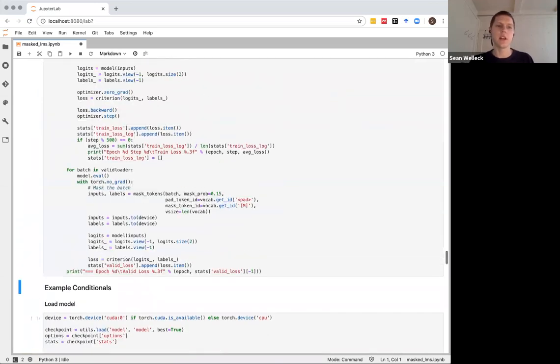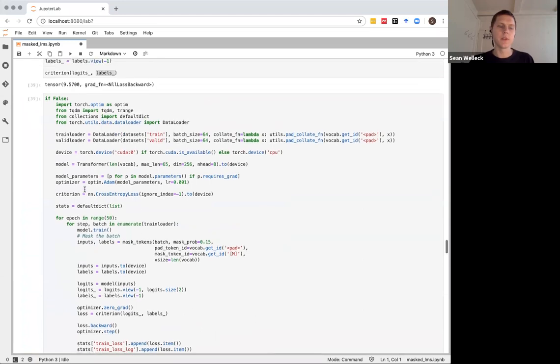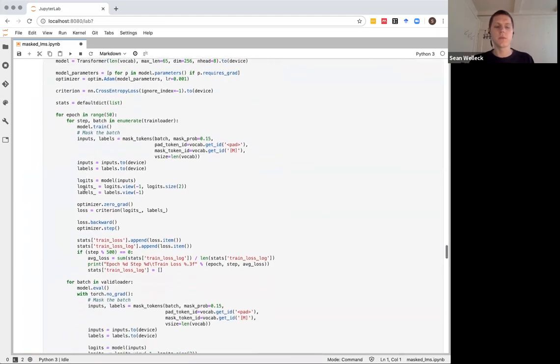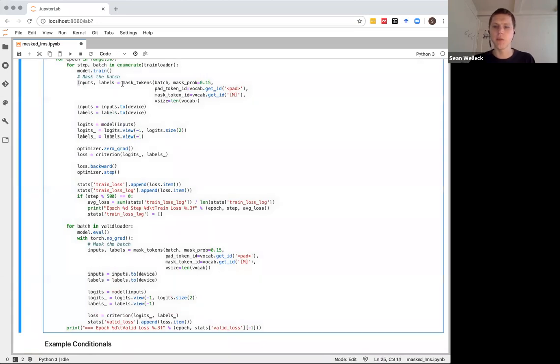So just in the interest of time, we won't go through the training loop here in detail. But you'll see that it really doesn't differ that much from the training that you've seen before, except that you're doing the step of masking the tokens.